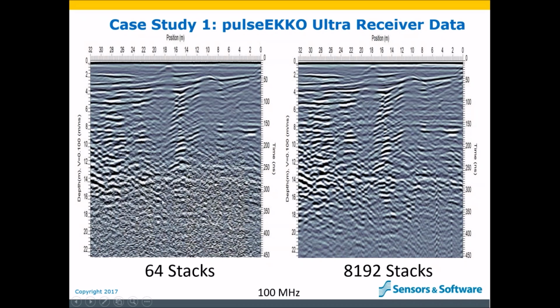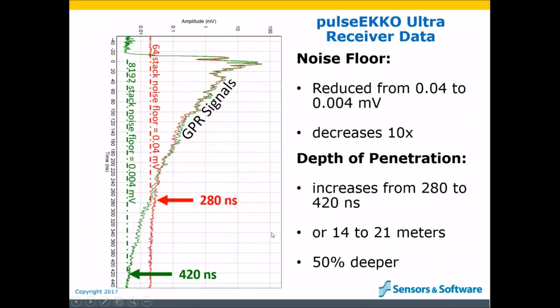Notice how the RF noise on the left is completely gone on the right. Notice how the GPR reflectors that are difficult to see on the left are clearly visible on the right. Notice how GPR reflectors deep in the section that cannot be seen on the left are detectable on the right. Clearly better, deeper data.